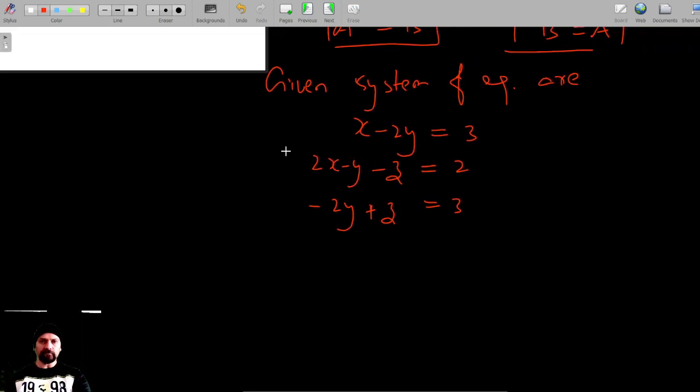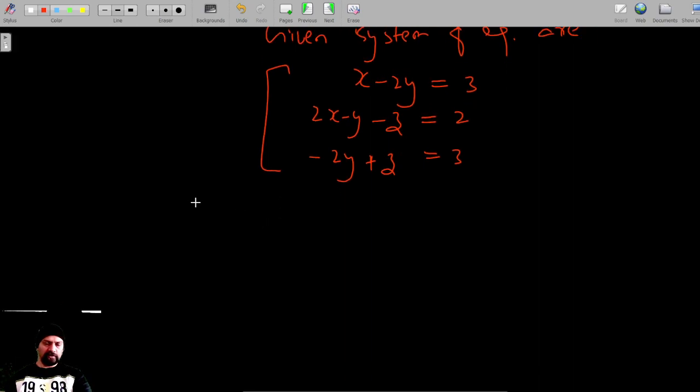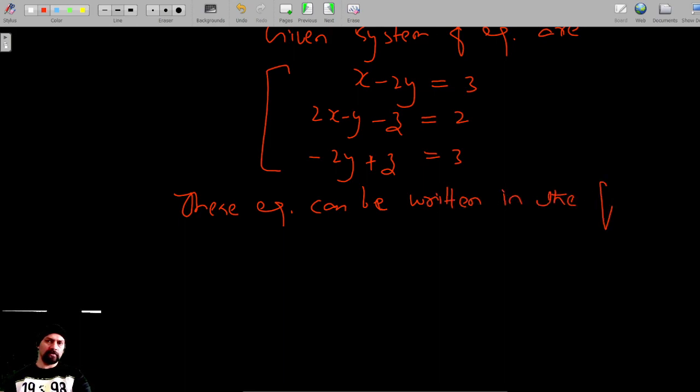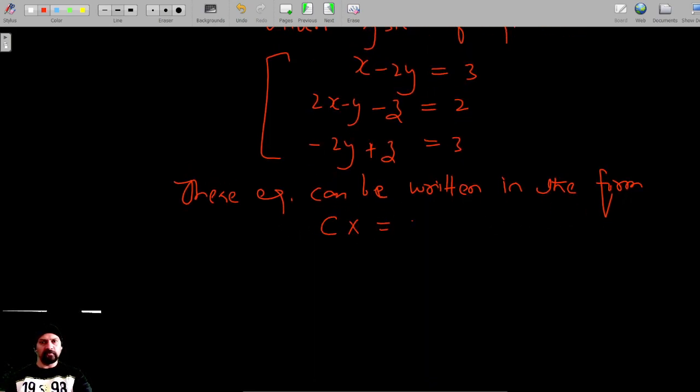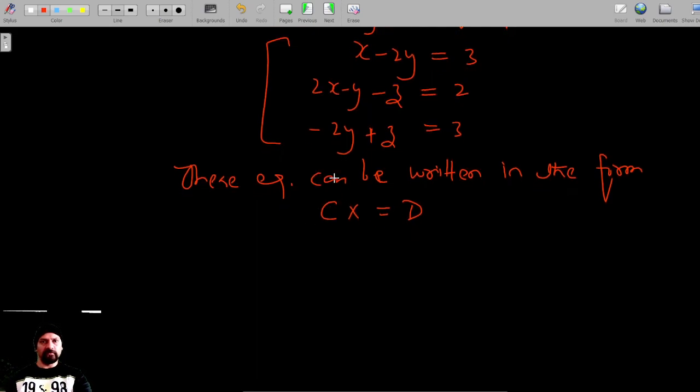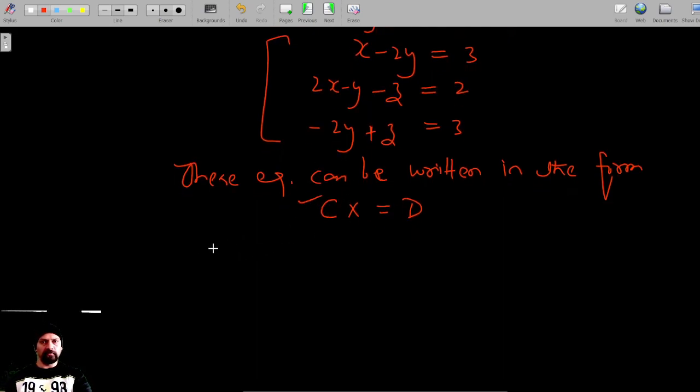These given system of equations can be written in the form Cx is equal to D, where C matrix is 1 minus 2 0 and 2 minus 1 minus 1.